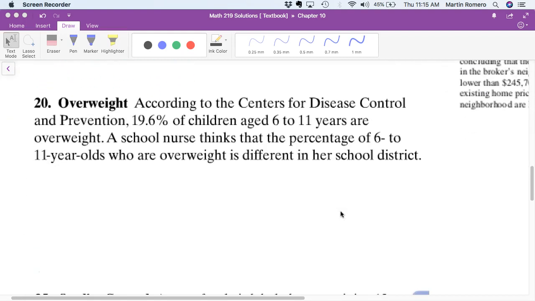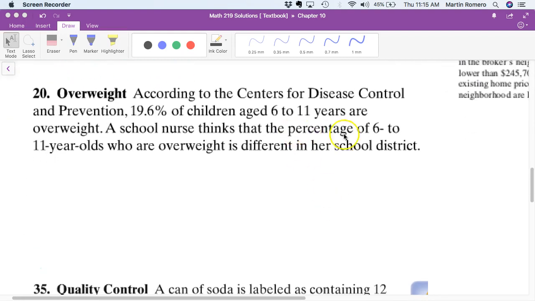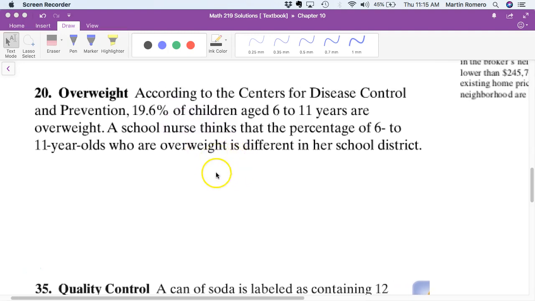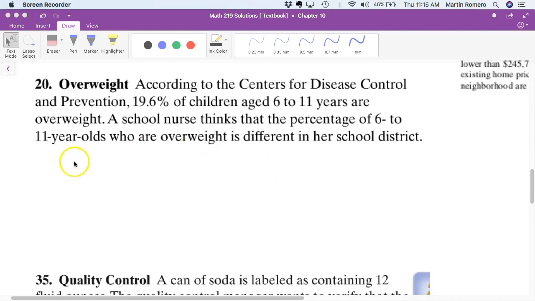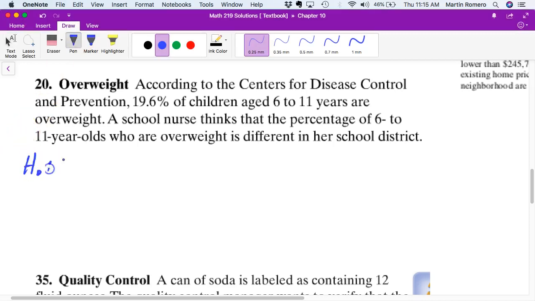Let's go ahead and look at problem number 20. According to the Center for Disease Control, 19.6% of children age 6 to 11 are overweight. A nurse thinks the percentage who are overweight is different. And so in this case, we have a null hypothesis: the proportion is equal to 0.196.